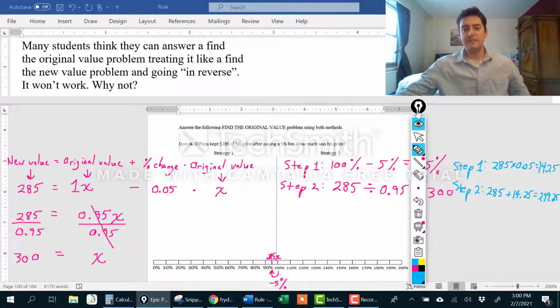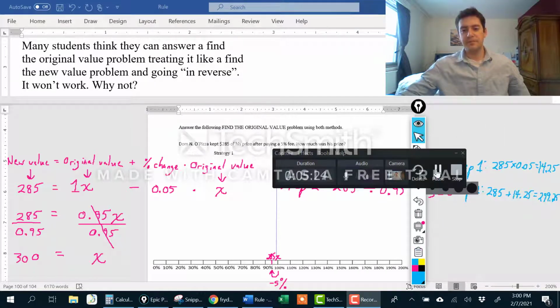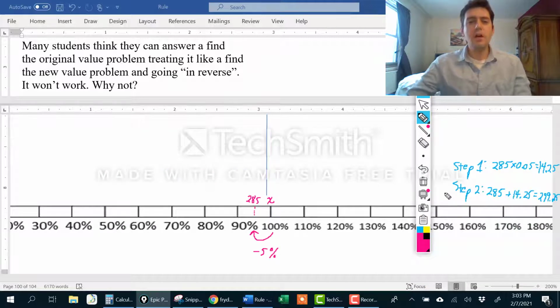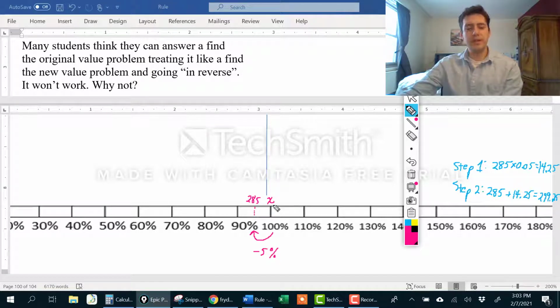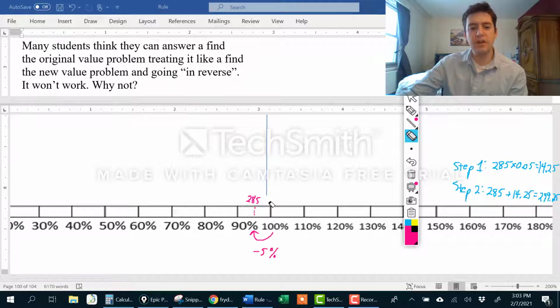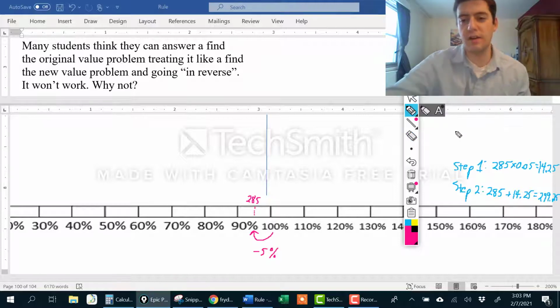All right, so to hopefully make this a little more clear why this does not work, you can see here I've zoomed in on the number line because I know that was pretty hard to see before. So remember, in this problem, Dom started out with a certain amount of money, and we already figured out what it was, so I'm just going to write it in there now.